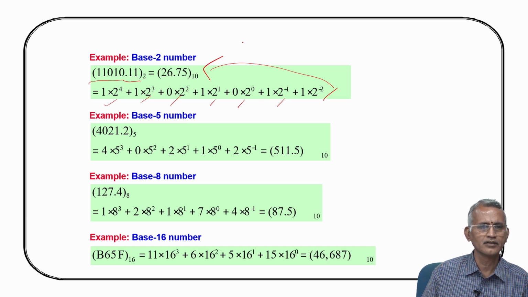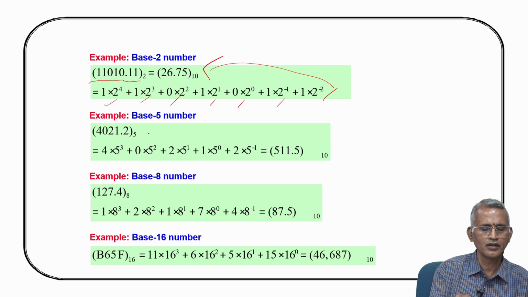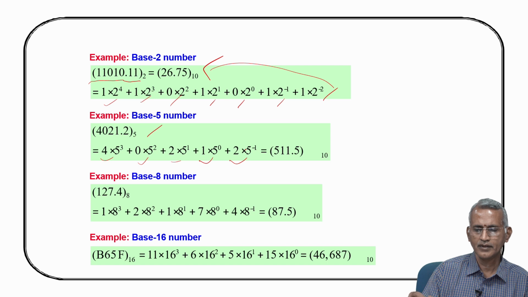Similarly, for base 5, 4021.2 base 5 is 4 into 5 cube, 0 into 5 square, because it is the 100th place, and it is the 10th place, 2 into 5 power 1 plus 1 into 5 power 0, and then after the decimal 2 into 5 power minus 1. Multiply and add them, and we have 511.5 base 10.